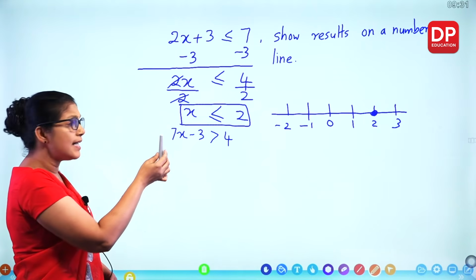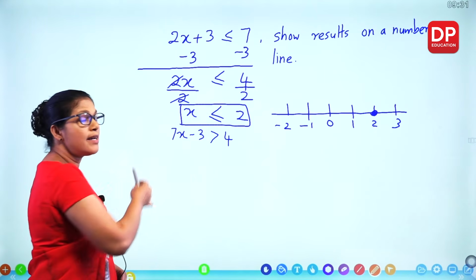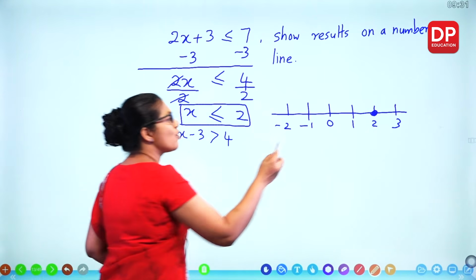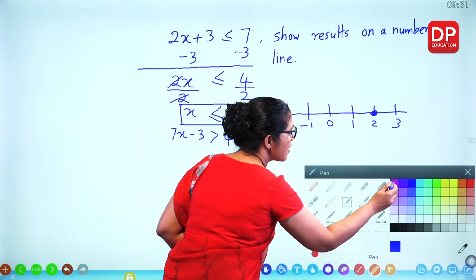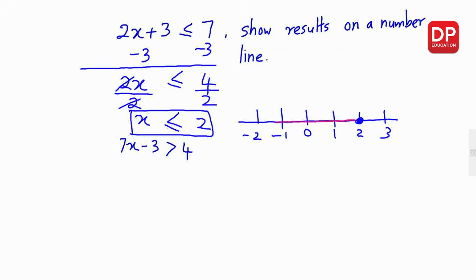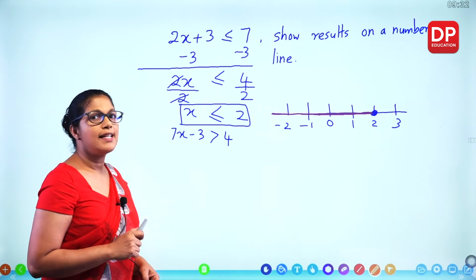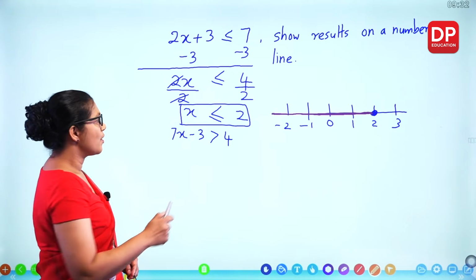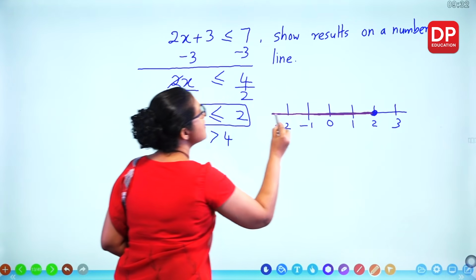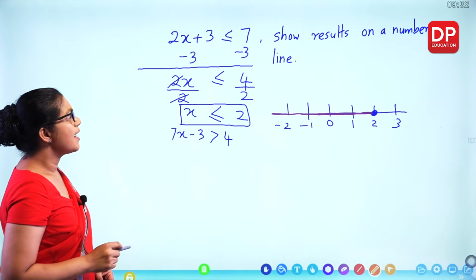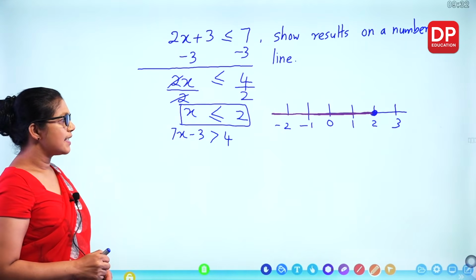Starting from the letter, x is less than or equal to 2. So we can mark towards the left side. We can say always left hand side is less than the right hand side. So here this is the number line for this inequality.